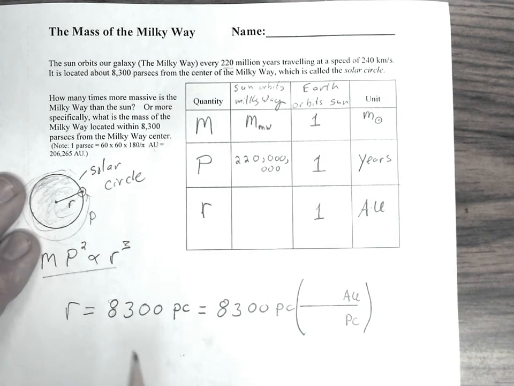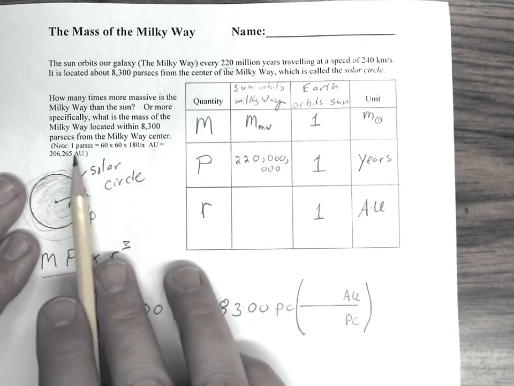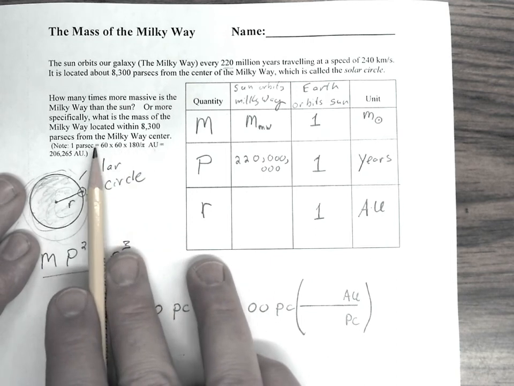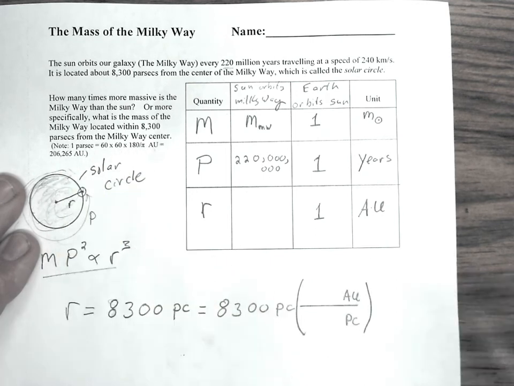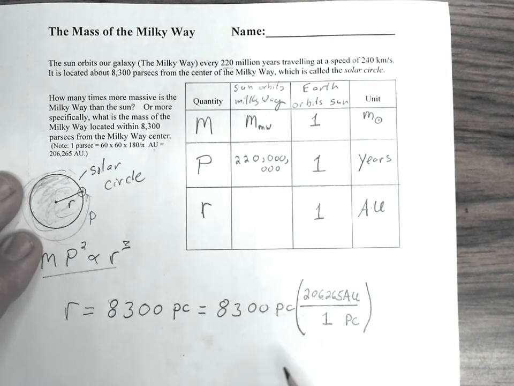And that's where we say, oh look, 1 parsec is 206,265 astronomical units. So we'll fill those right in here. Now that we've filled those in, we can cross out our units, and we end up with just AUs.